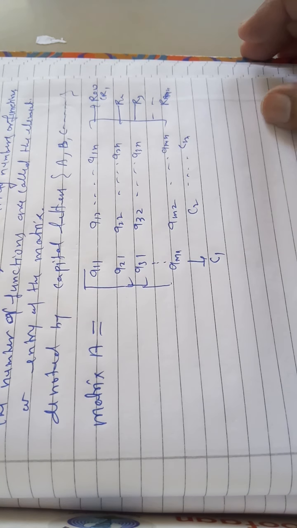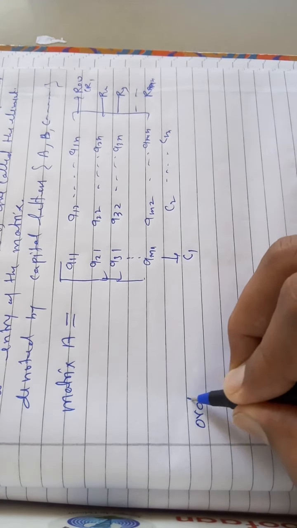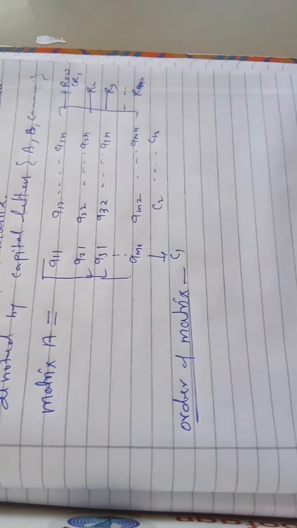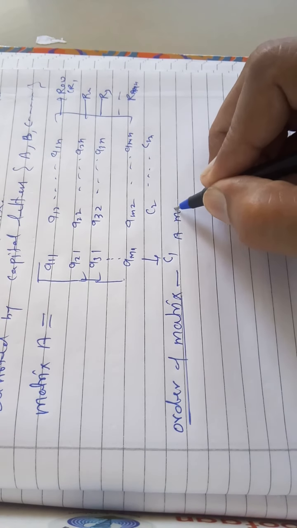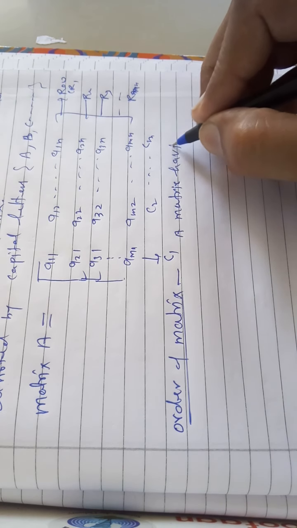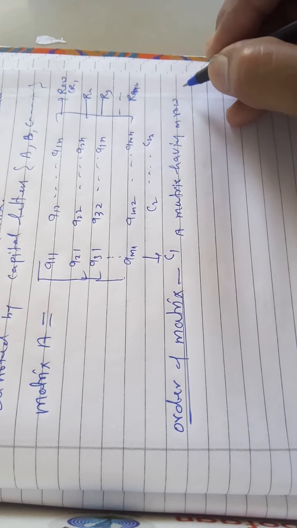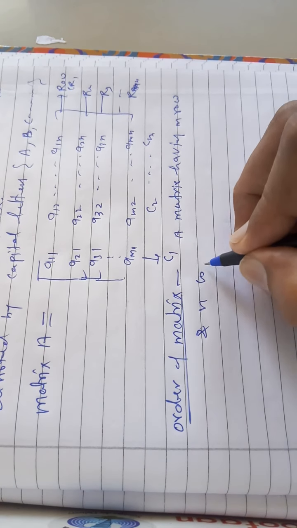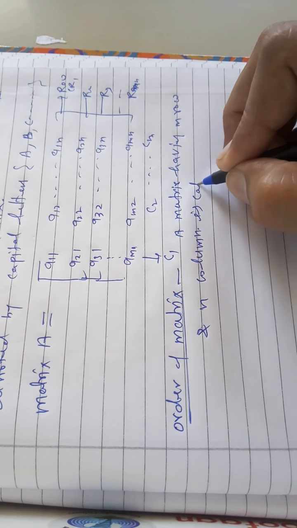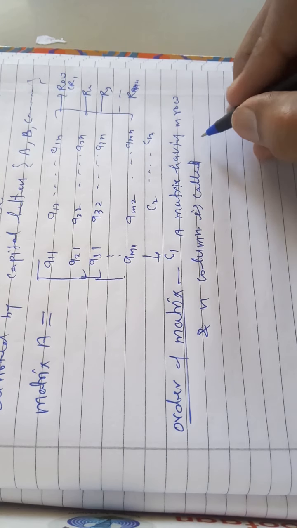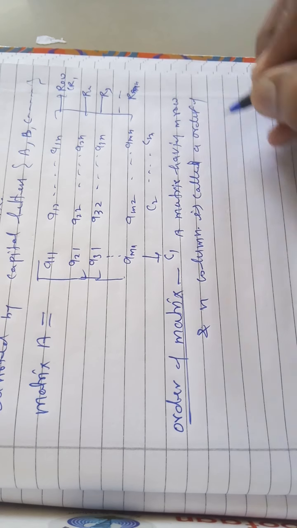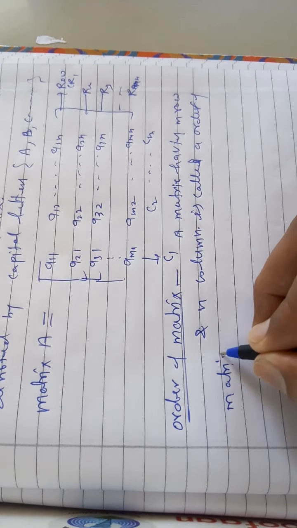Clear? And the next definition, order of matrix. A matrix having m rows and n columns is called the order of the matrix.